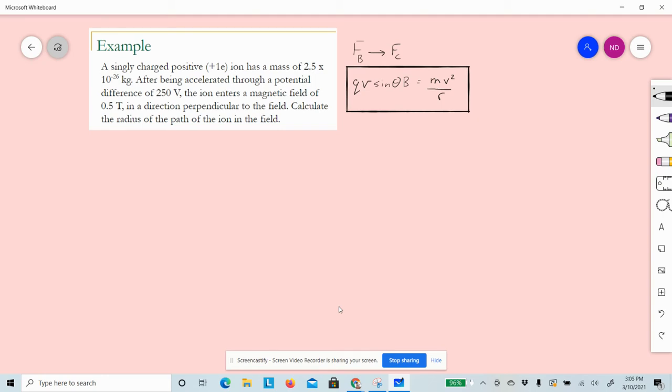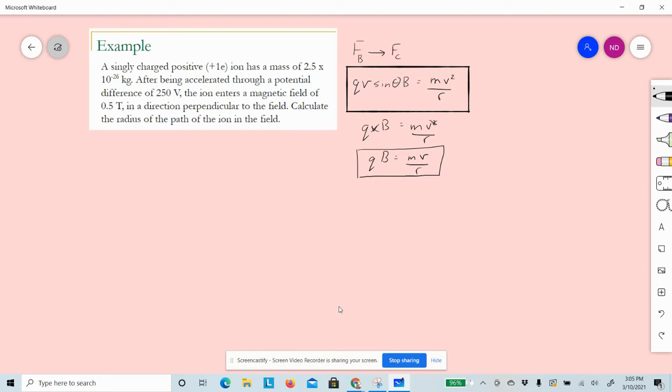The magnetic force, QV sine theta B, of course, they're perpendicular, so that's going to be 90 degrees. So that's going to go to 1. So basically, this is going to be QVB equals mv squared over r. One of the v's will cancel out. So we'll end up with QB equals mv over r.